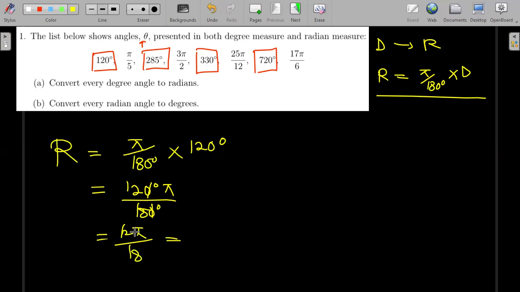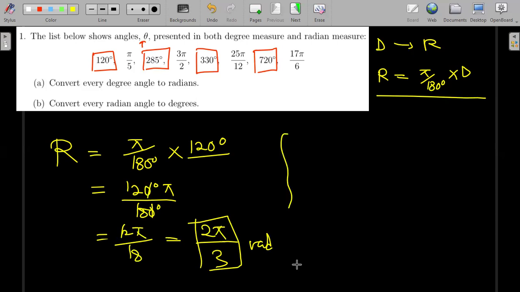Now we look for a number that can go into 12 and 18 without leaving a remainder. That number is 6. 6 into 12 gives me 2 pi over, and 6 into 18 gives me 3, in radian measure. So 120 degrees is the same as 2 pi over 3 in radians.